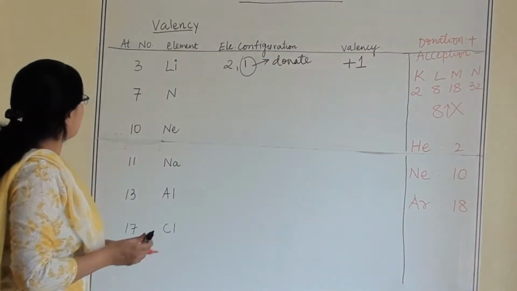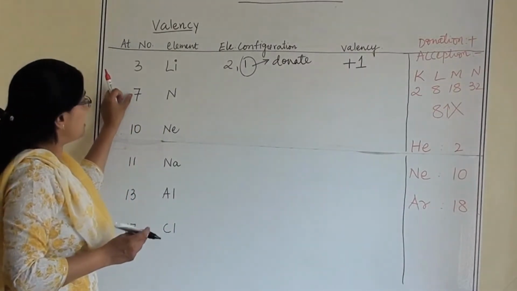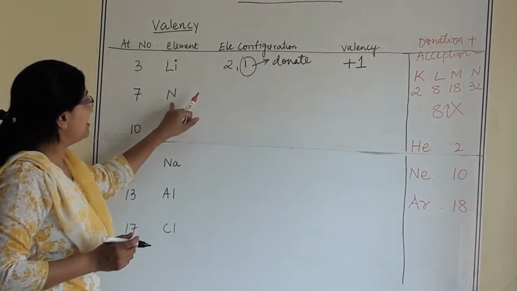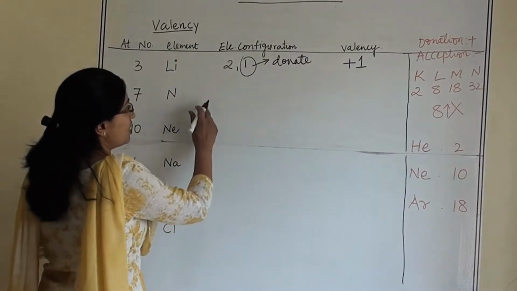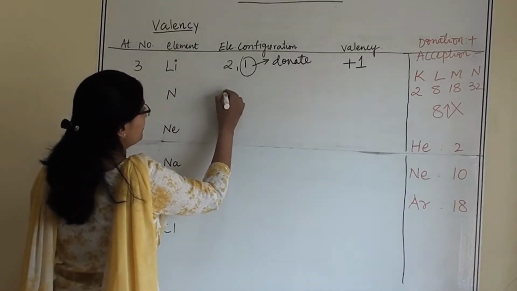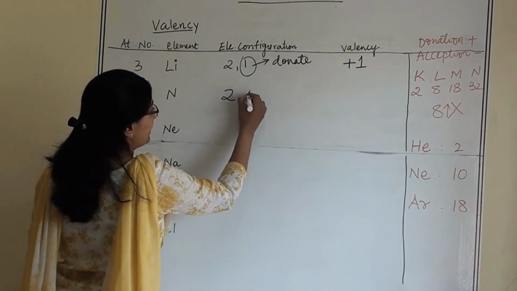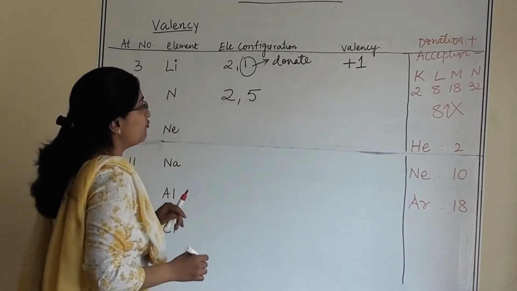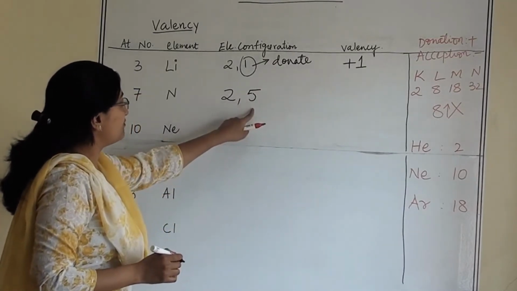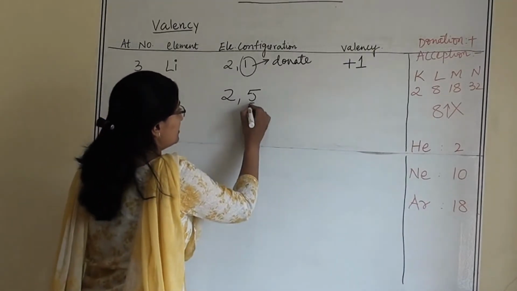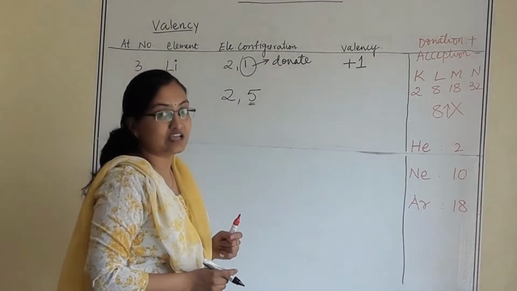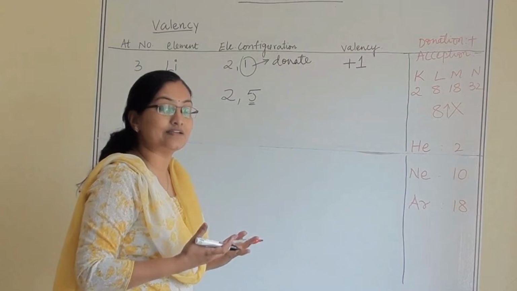Now second example. Atomic number is 7 and the element is nitrogen. So how are we going to write the electronic configuration? First will be 2 and then it will be 5. 2, 5. If you see here, the valence electron is 5. What are valence electrons?